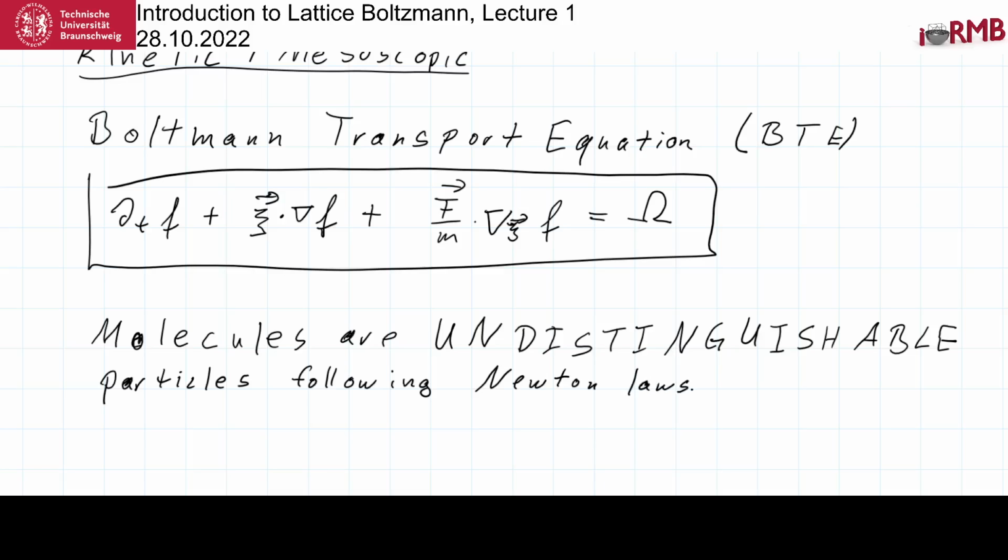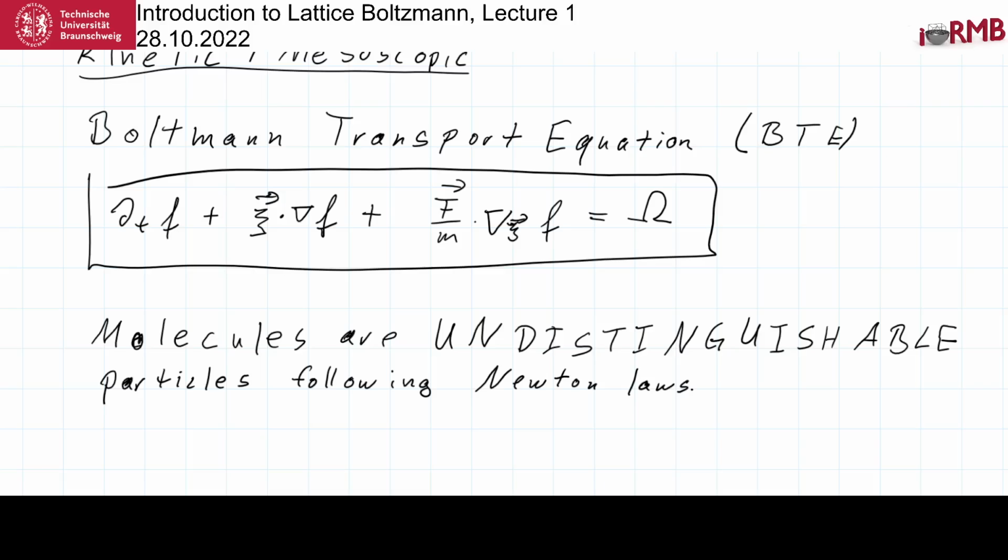Okay, so what is the difference? Previously I said there's one molecule entering this room, and then we are observing this one molecule. Now what we say is there is maybe nitrogen and there is oxygen, and all nitrogen molecules are the same. The only thing that we care about is that there's nitrogen, not that there's this nitrogen.